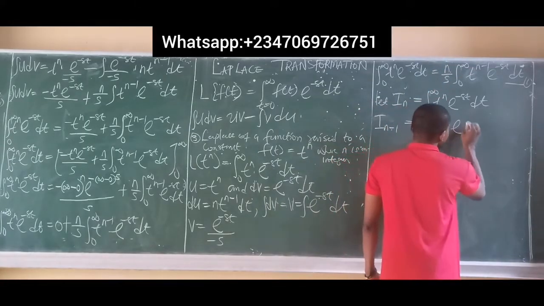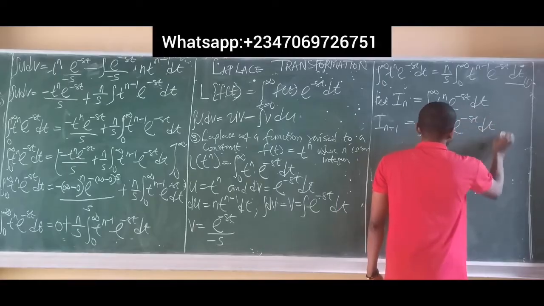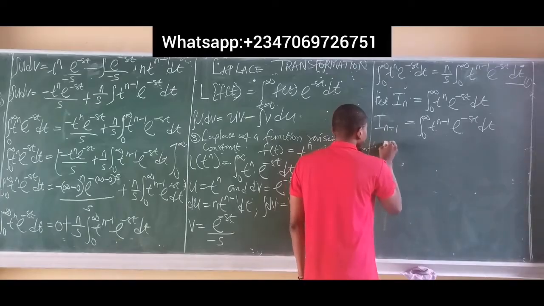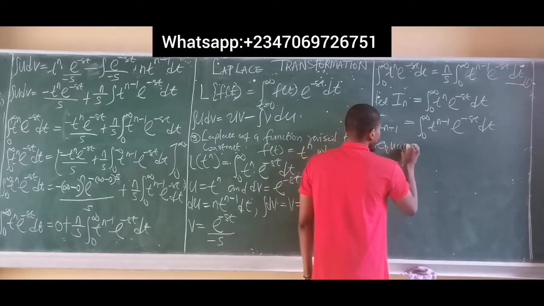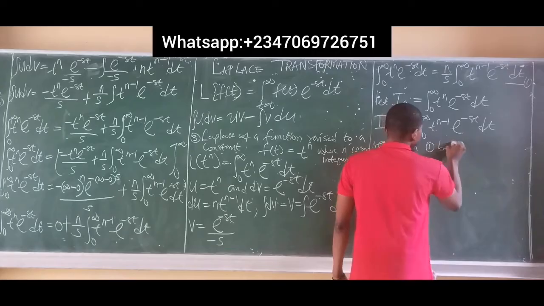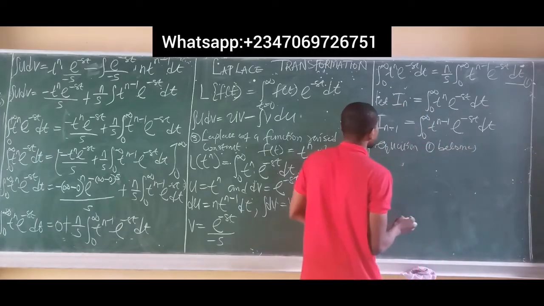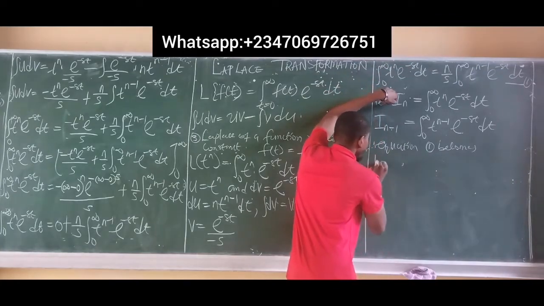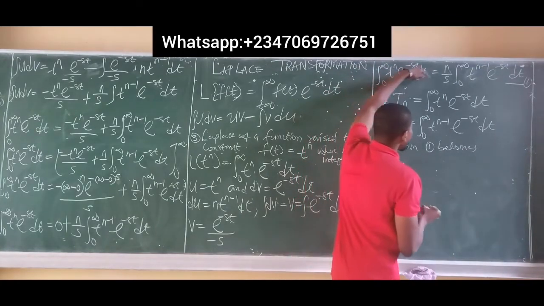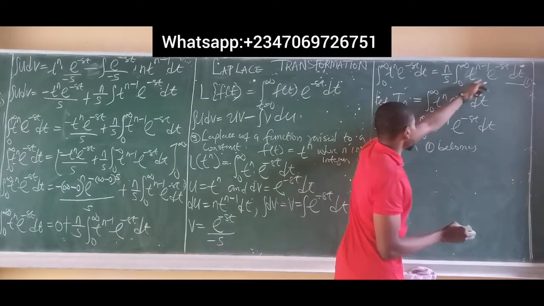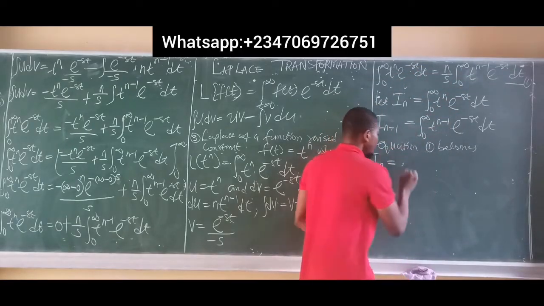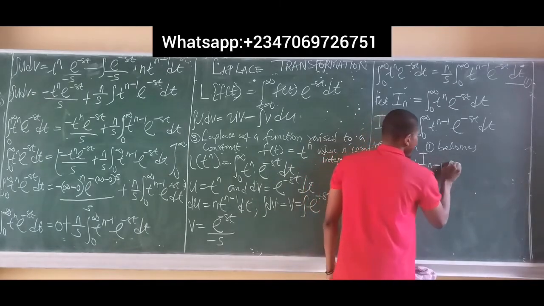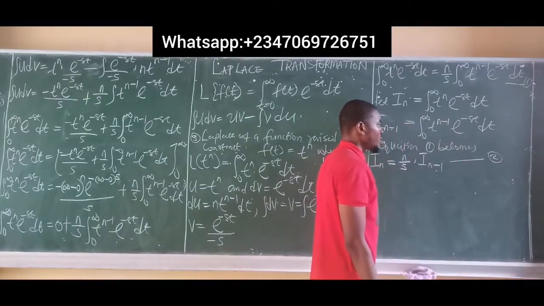The exponential function remains the same. Now equation 1, the very first equation, becomes: in place of this integral, remember the whole of this is I sub n. So you simply have I sub n equal to n all over s times the whole of this, and the whole of this we called I sub n minus 1. So you have I sub n equals n over s times I sub n minus 1. Call this equation 2.